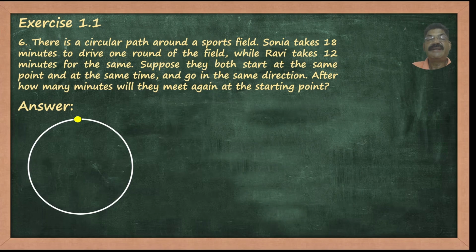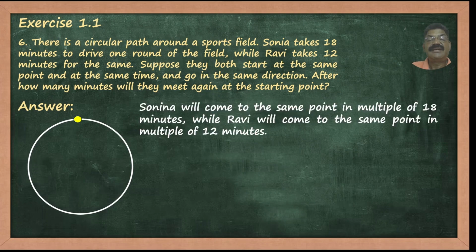At the same time, Ravi comes back to the same point in multiples of 12 minutes: 12, 24, 36 and so on. So they will meet again at the same point if the time is a common multiple of 18 and 12. So that is the idea.